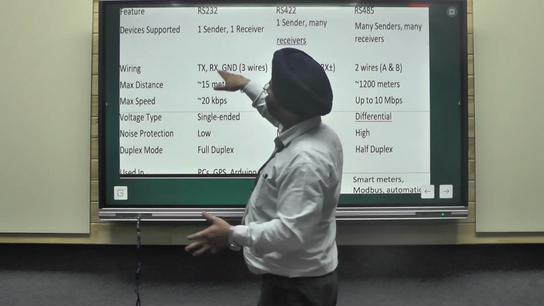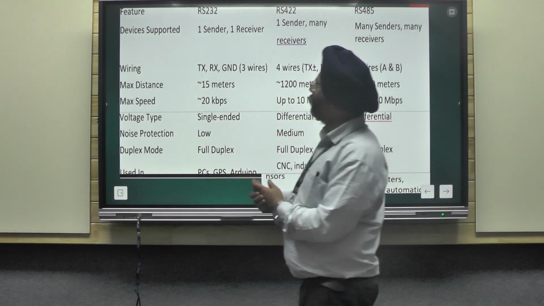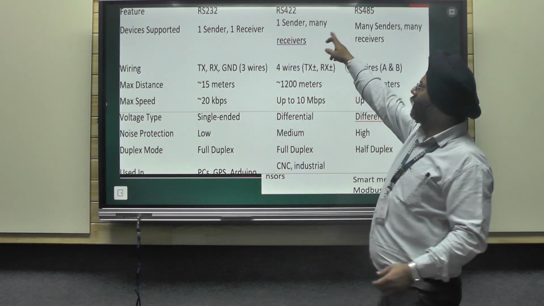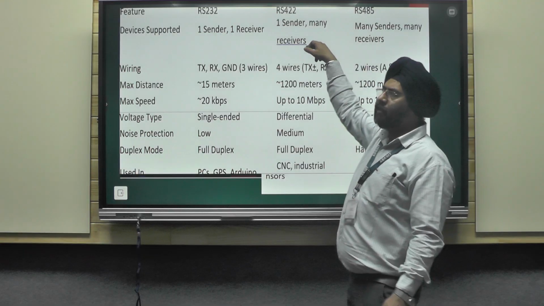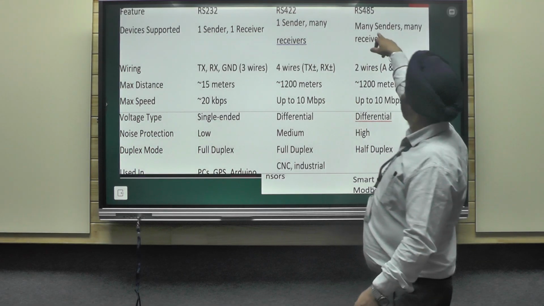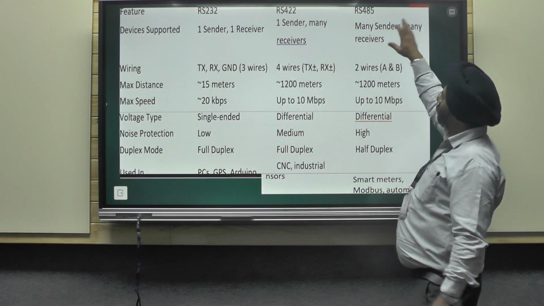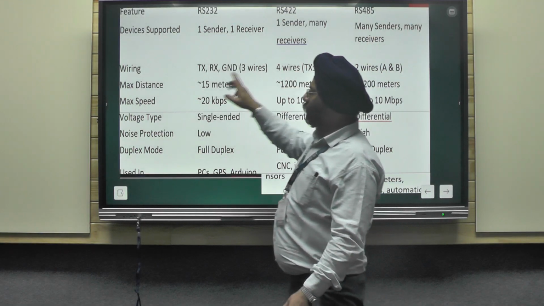As we have seen, RS232 devices support one sender, one receiver; RS422 one sender, many receivers, where many means 10 receivers; and RS485 many senders, many receivers, up to 32.